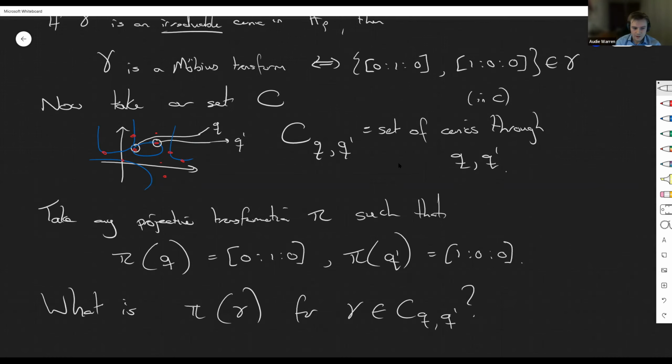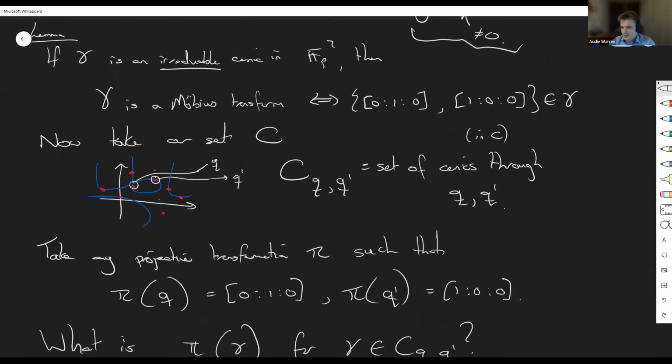Secondly, because the conics had to contain the points Q and Q prime, after this transformation, this new conic, pi of gamma, has to contain the vertical point at infinity and the horizontal point at infinity. In particular, we can use this lemma up here, because now we know that these 2 points lie on, on the right-hand side here, it would be pi of gamma. But this is then saying that pi of gamma is a Möbius transformation, okay?